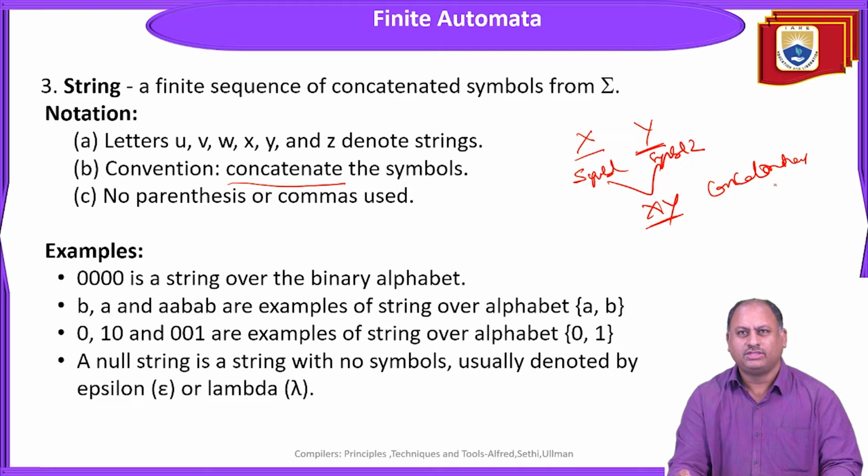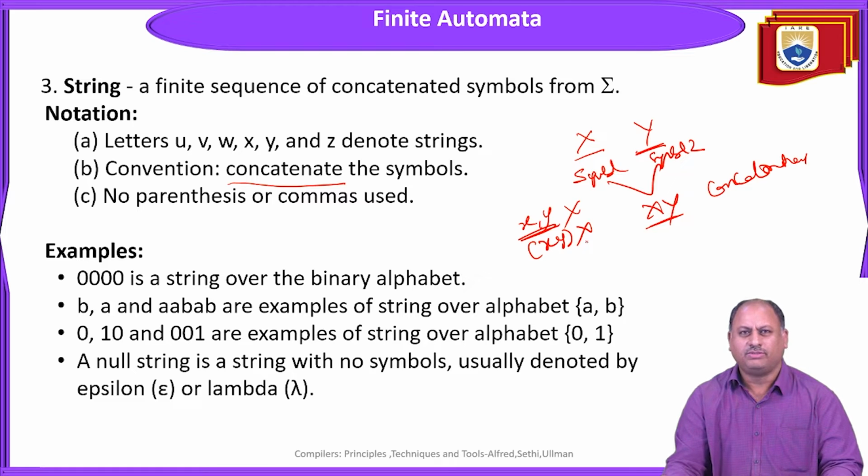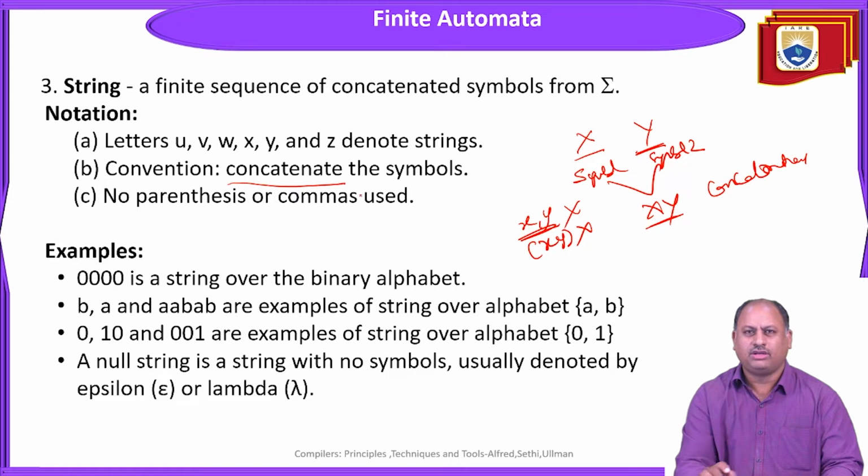The symbol here is an individual letter, that is 0, 1, small a, X, Y, Z, something. While performing this operation, parentheses should not be used, and a comma is not allowed. That means if you write x comma y, this does not come under concatenation. And if you write bracket xy, this also does not come under concatenation. That means writing a comma or parentheses is not allowed.